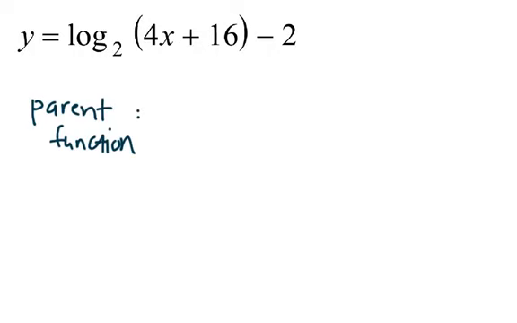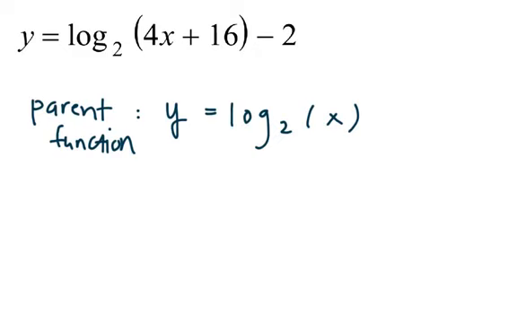The parent function is just going to be y equals log base 2 of x. Everything else there is a transformation. The rest, transformations, right? 4 transformation, 16, negative 2, all the transformation. The 2, however, is not. It is the base of your function, okay?